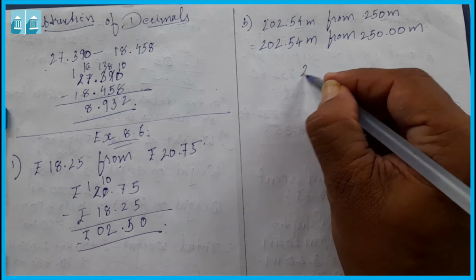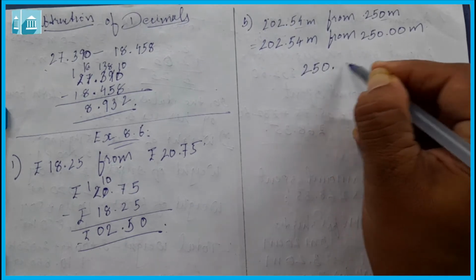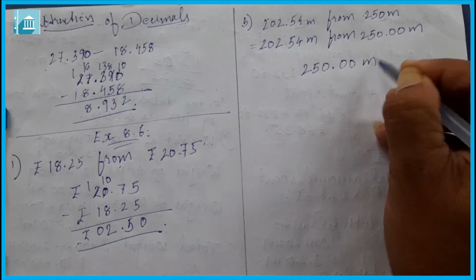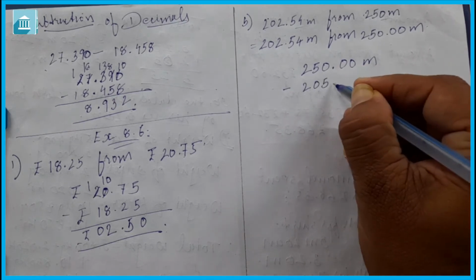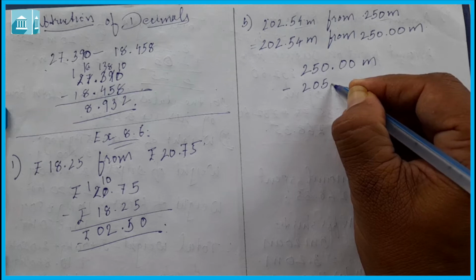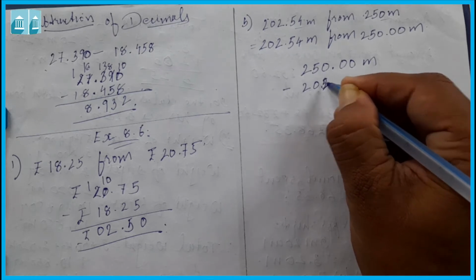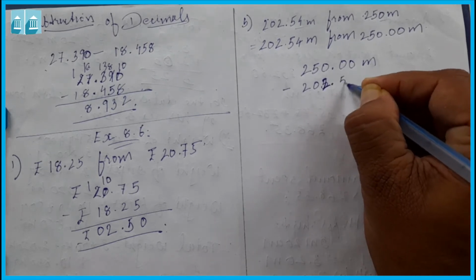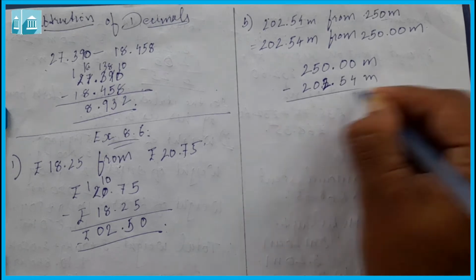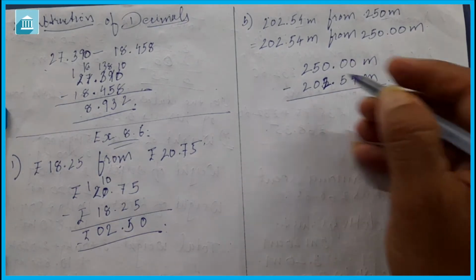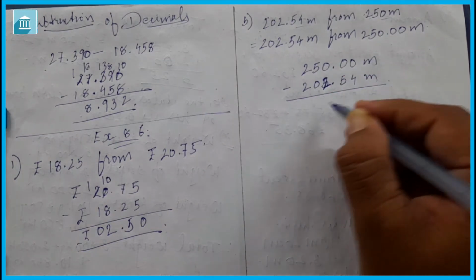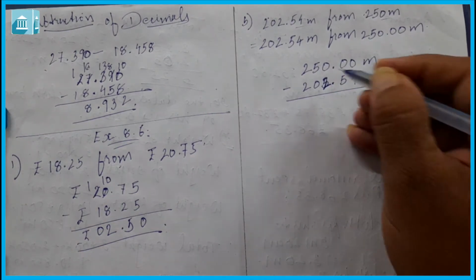Now when we subtract it, it will be 250 meter minus 202.54 meter. Here the 0 minus 4 is not possible.